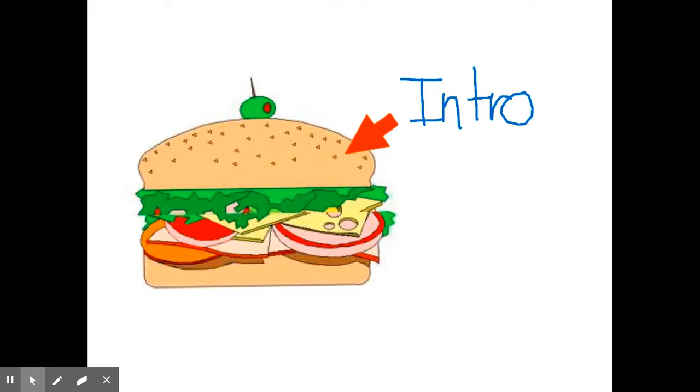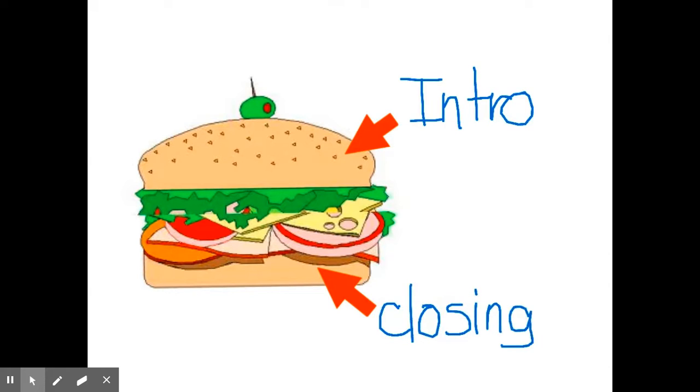And then you have your bottom bun right here, and that's your closing paragraph. In your closing paragraph, you're basically revisiting some of the things that you said in your introductory paragraph and sort of wrapping up the whole thing.